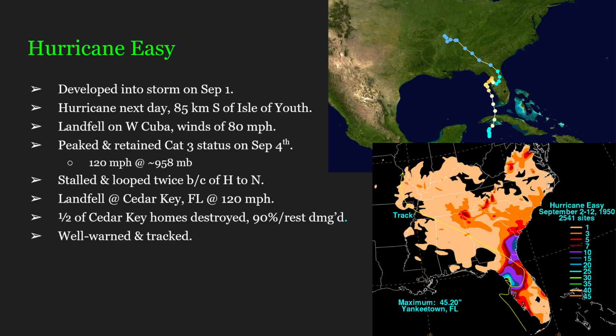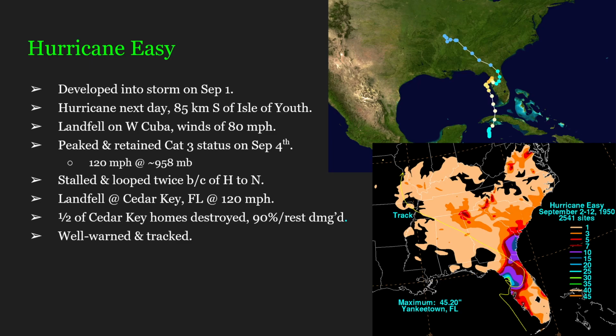Out of this half, 90% were damaged. Out of this 90%, anywhere from 40 all the way up to 60% of the homes were damaged beyond repair or uninhabitable. So, families, people weren't able to return to their homes.